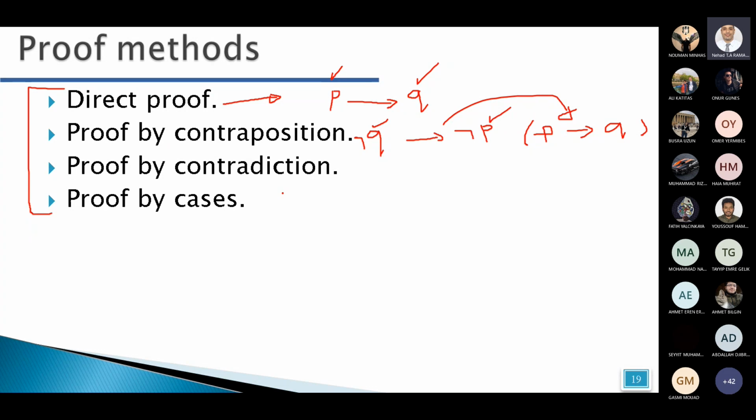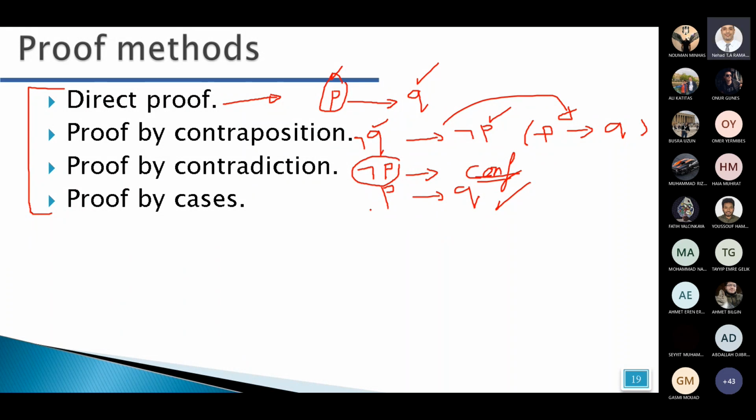Proof by contradiction. Here we start from not P. If we reach something impossible, a conflict, in this case it means not P is not correct, so P implies Q will be correct. So here in the contradiction, we start from not P and reach something impossible or that has a conflict.